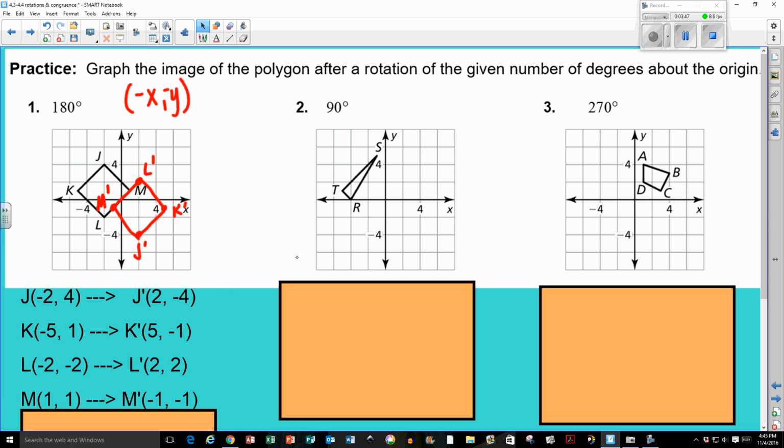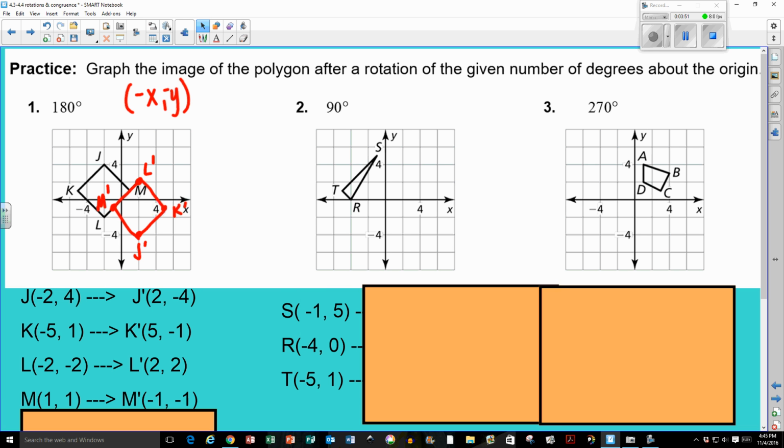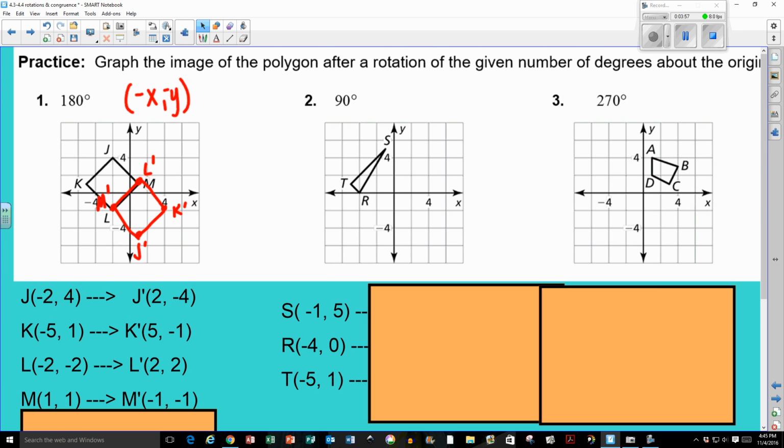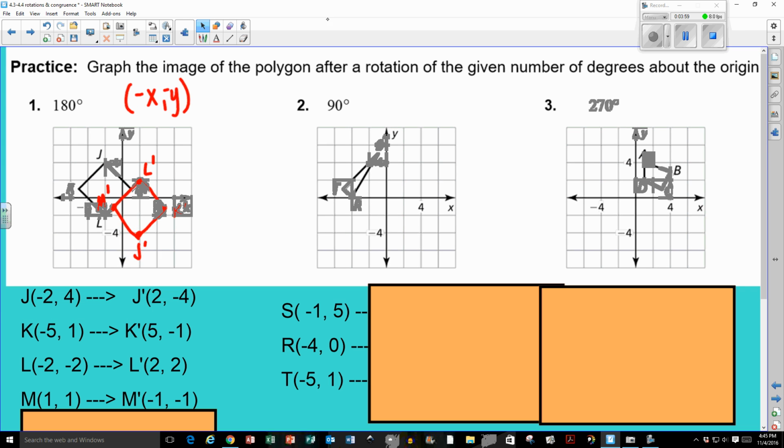All right. Same thing over here. We've got your original points. We're rotating 90. To rotate 90 degrees, the points will switch places. So y, x, but the y will change signs.